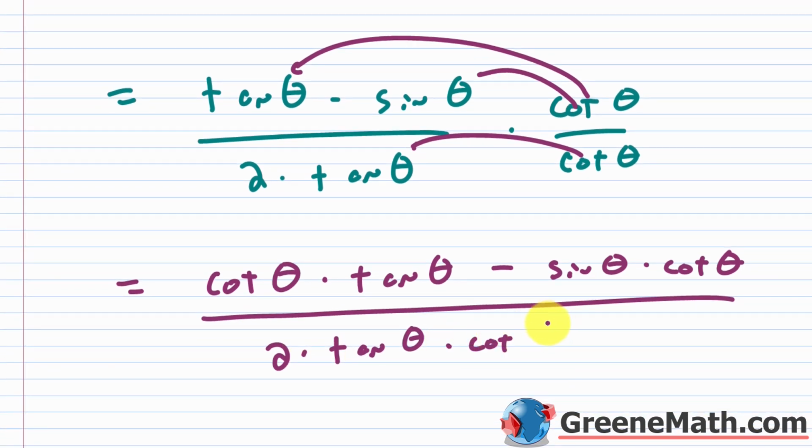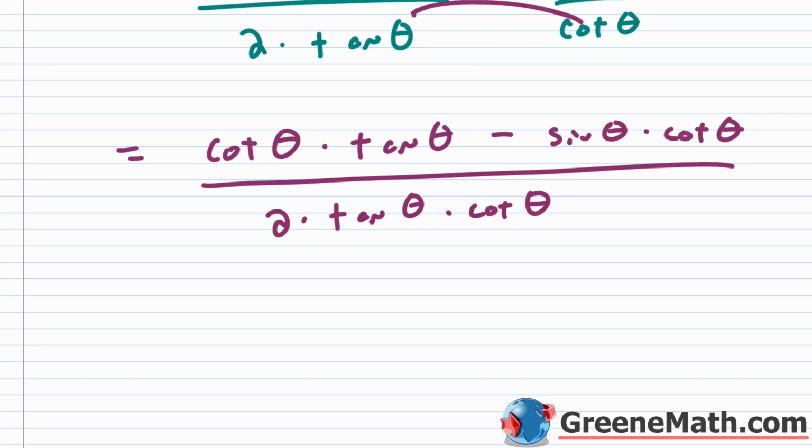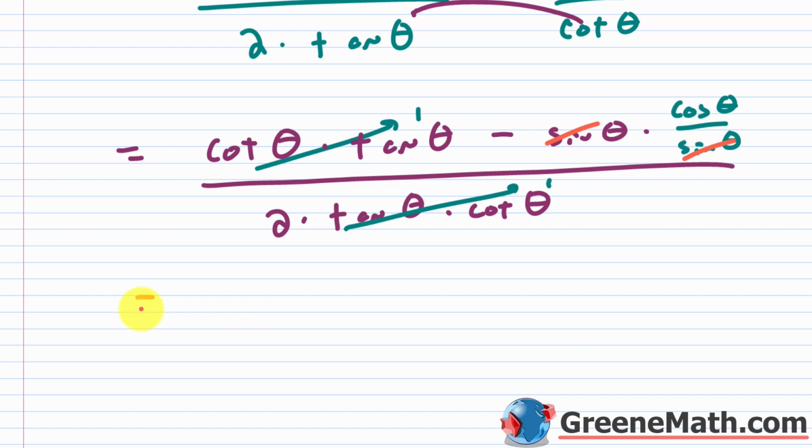Cotangent of theta times tangent of theta in each case is going to be 1. So that's 1 there. Sine of theta times cotangent of theta, again, you could write this as the cosine of theta over the sine of theta to make that crystal clear. This is going to cancel, so you have the cosine of theta. So this is going to be 1 minus the cosine of theta over 2.